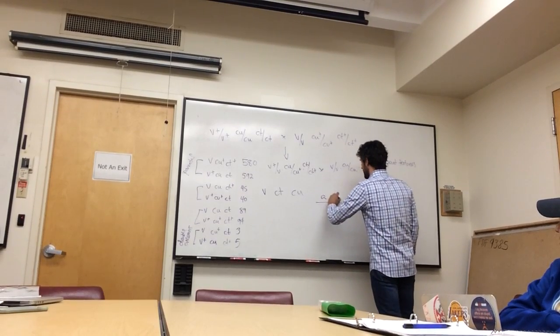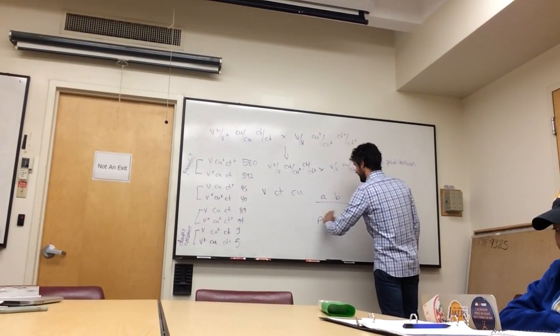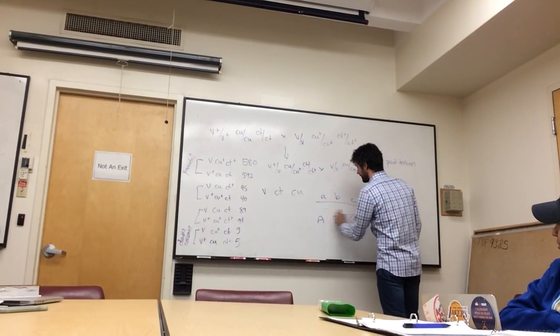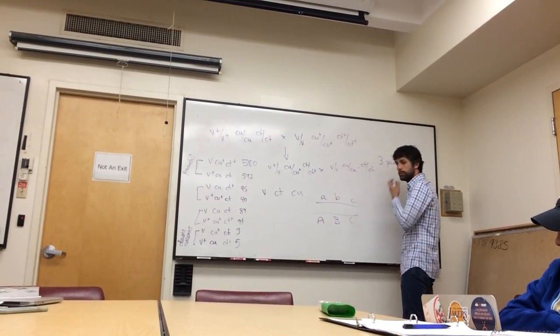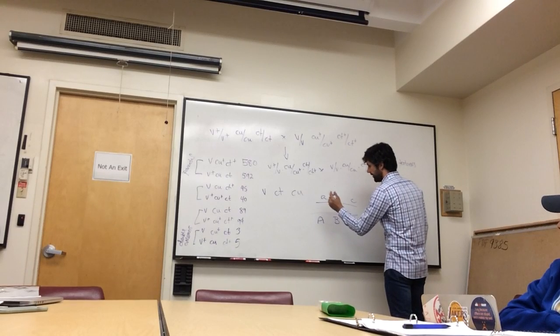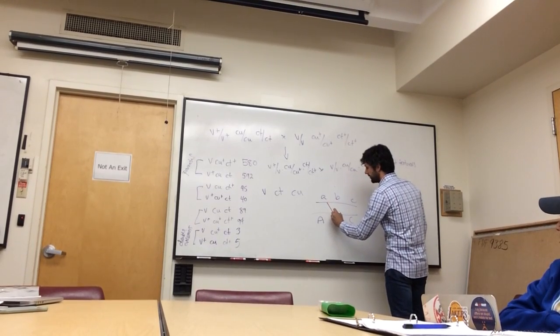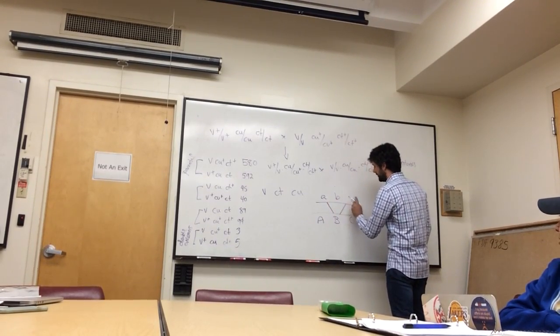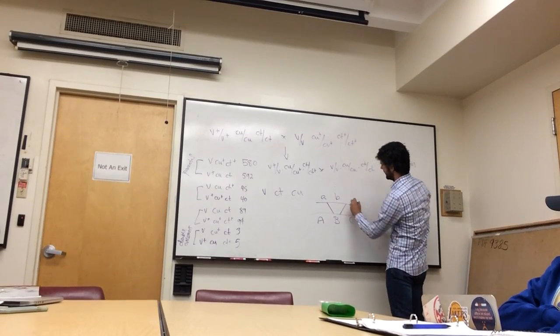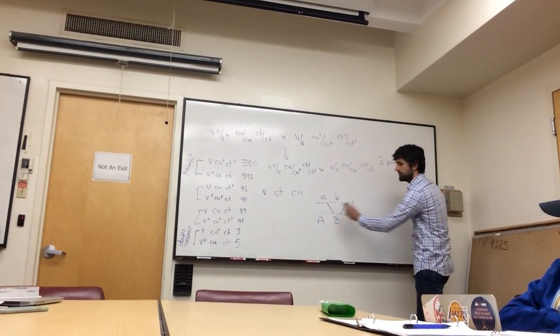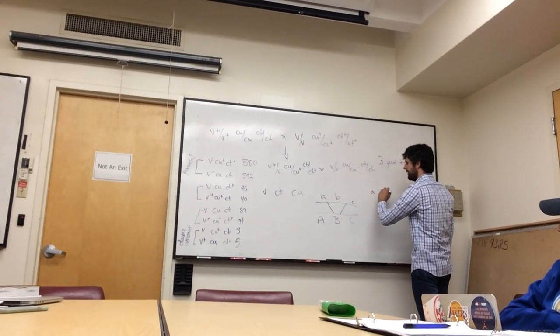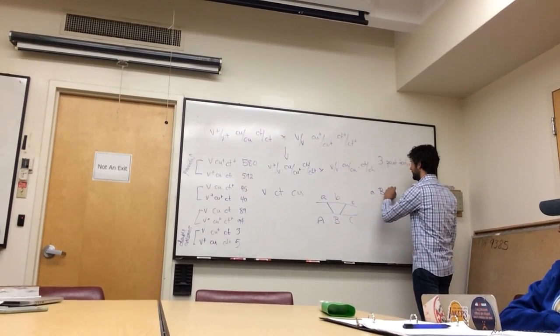So if we have A, B, C, A, B, C, and a double crossover event, we go here, and then we go here. C's are terrible, little c's look like big C's. Here we have little a, big B, little c.